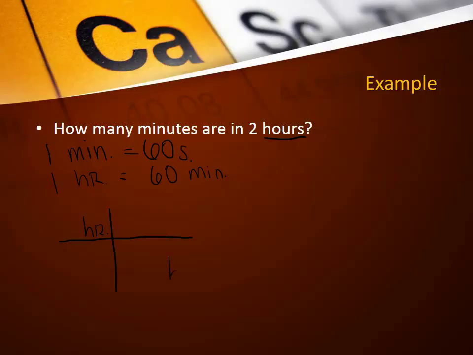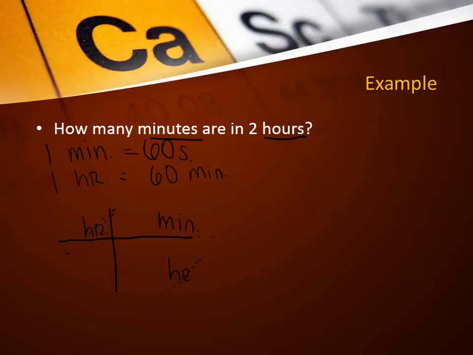Then I immediately write that down here. This will allow us at the end to cancel out hours. I'm trying to go to minutes, so I can write that up here. If I have something that relates minutes and hours, I can do this. If not, I may have to extend my track a bit.